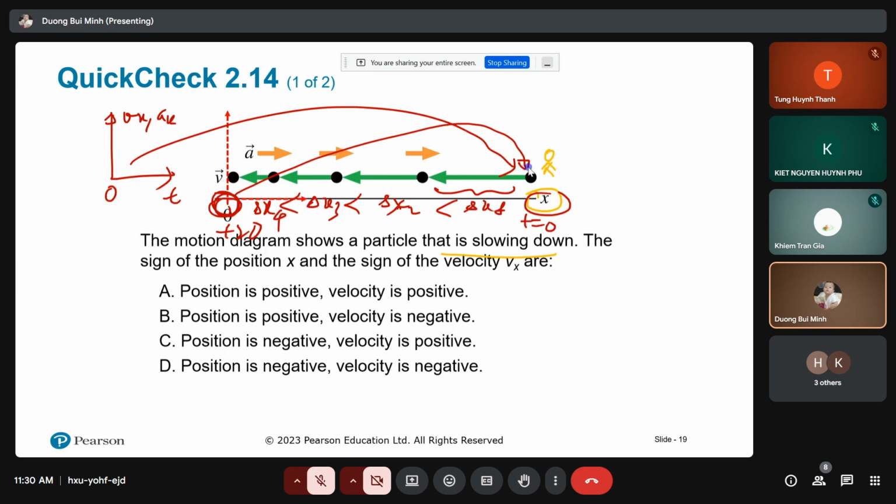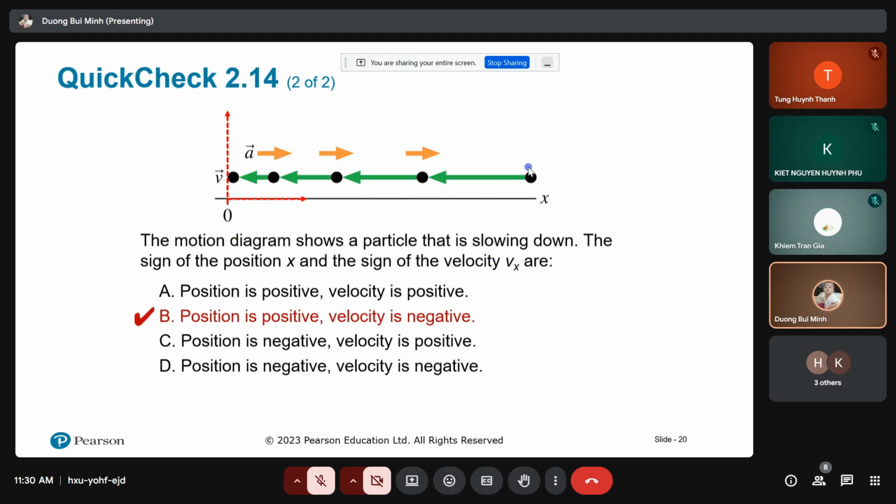Answers? Very easy, right? It depends on these origins. So let me see the reference answers.